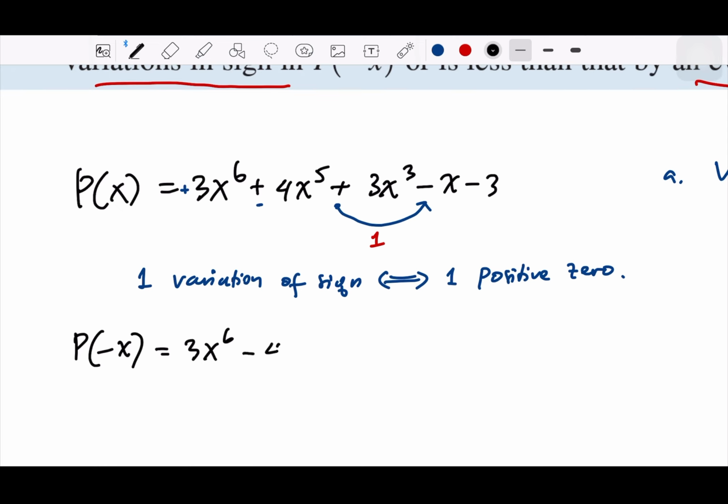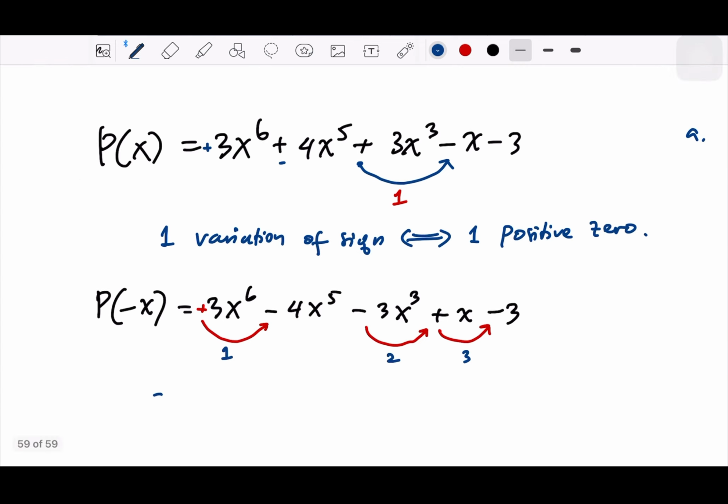And this will be negative 4 because it's an odd degree. And then negative 3x cubed, and then this is going to be plus x, and then minus 3. Now this is positive, becomes negative, so one sign change. And then we also have this, and we also have this. So three variations of sign.